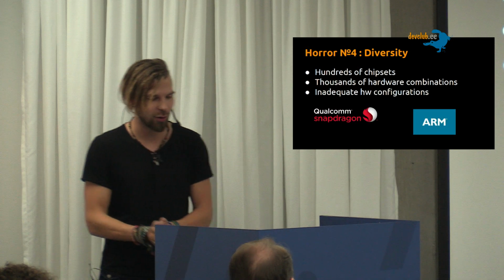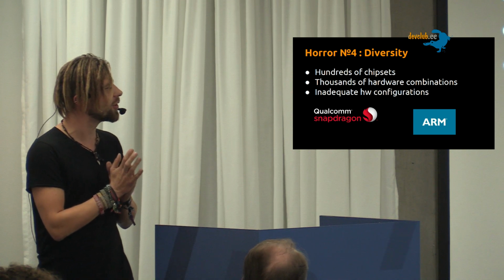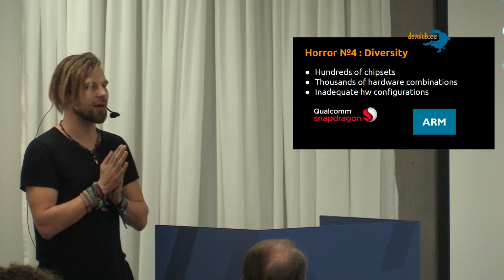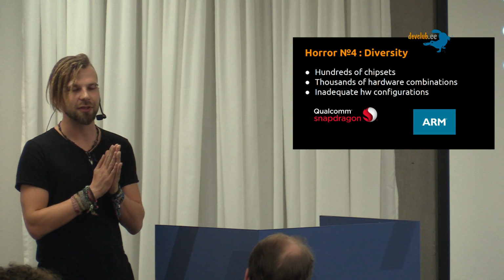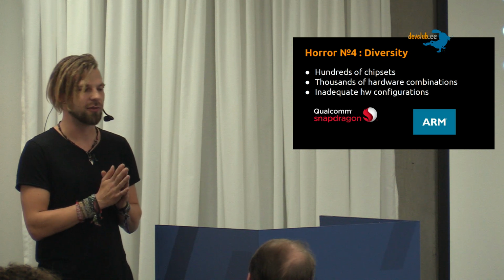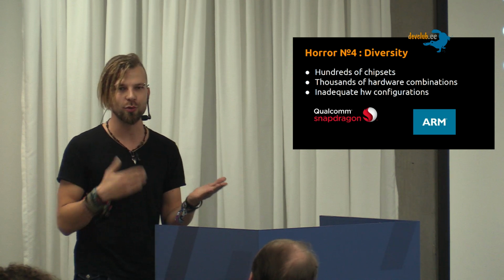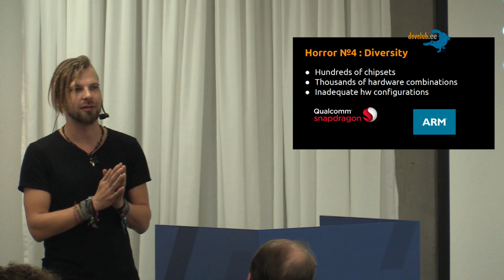And the last horror, number 4, is diversity. Probably not only unique for mobile phones, but still there are a lot of different devices on the market, hundreds of different chipsets. Probably thousands or maybe even millions of different combinations of different CPU, GPU, and memory. And some configurations are inadequate.